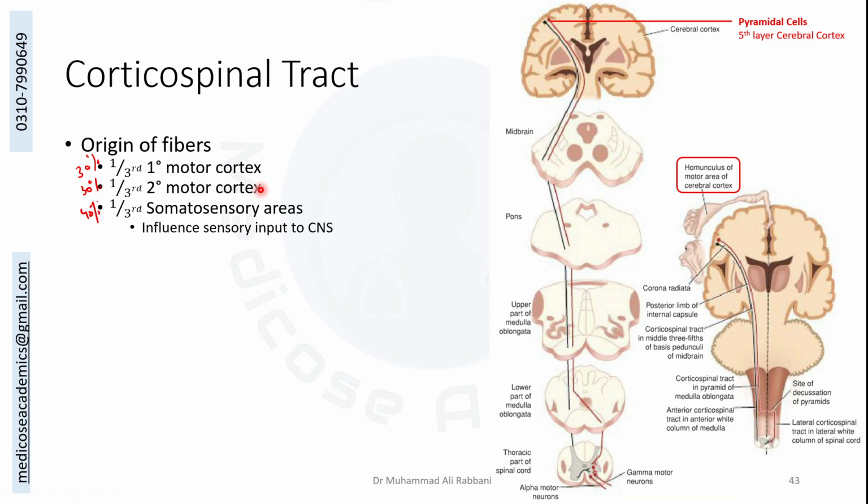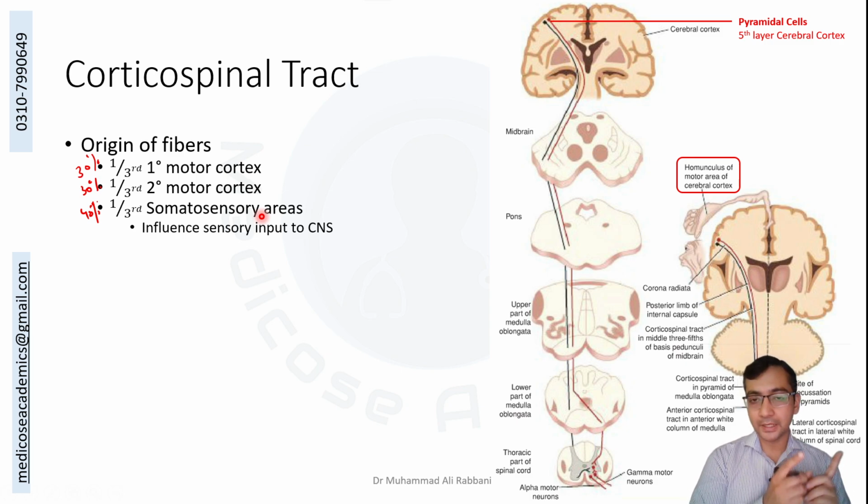What is the sensory cortex doing sending signals down? It is supposed to sit quietly and receive the sensory signal. So what it is doing is sending the signal down that is going to modulate what signal is to come up or not. It modulates the sensory input to the CNS.